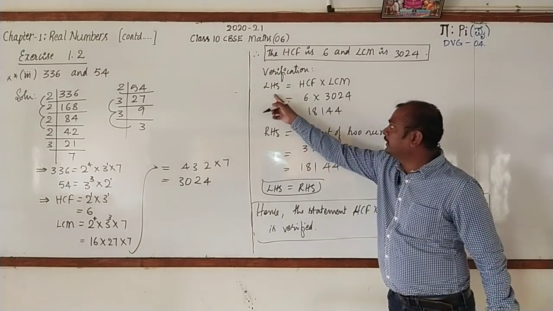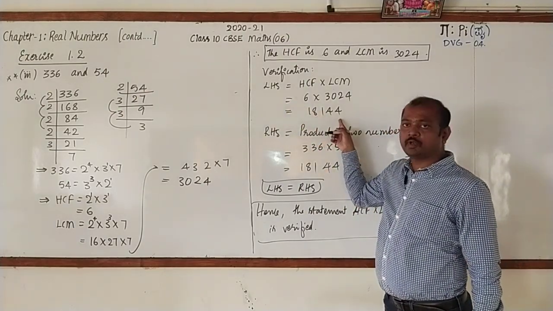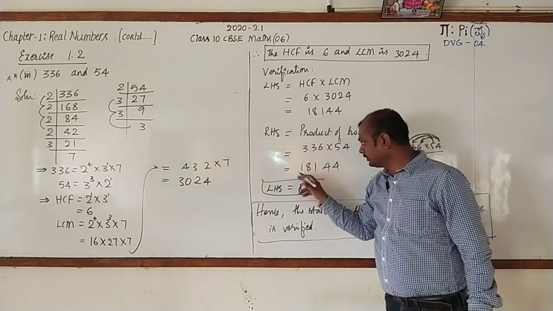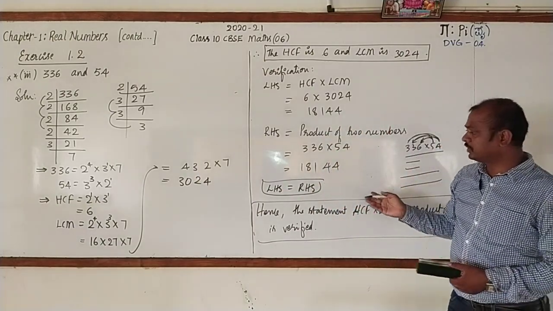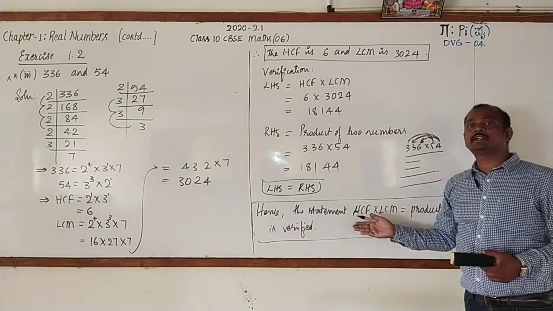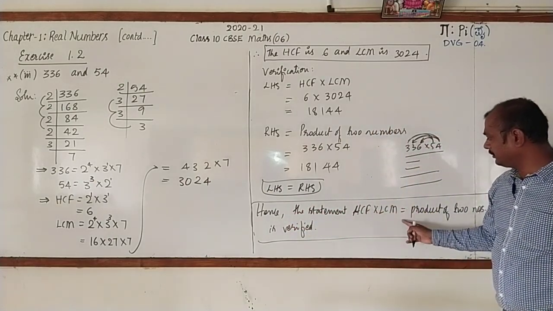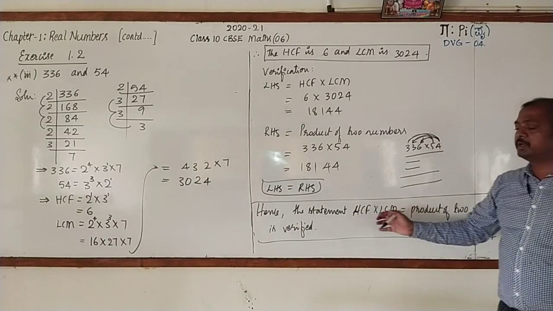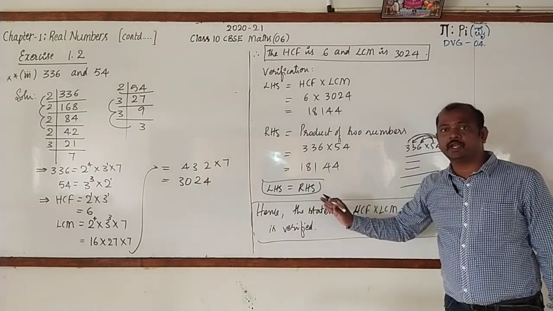So anyhow, LHS is 18,144, RHS 18,144. LHS equal to RHS, hence the given statement, HCF into LCM is equal to product of two numbers, is verified.